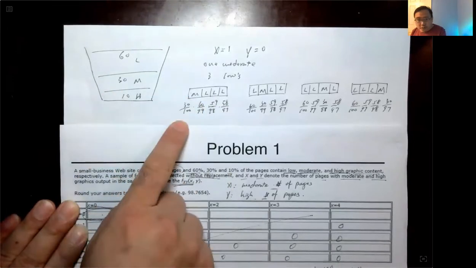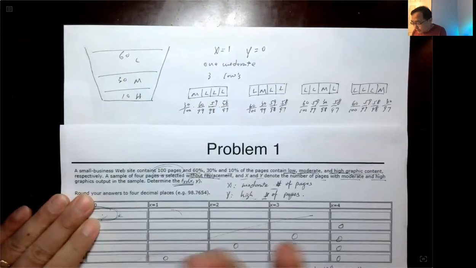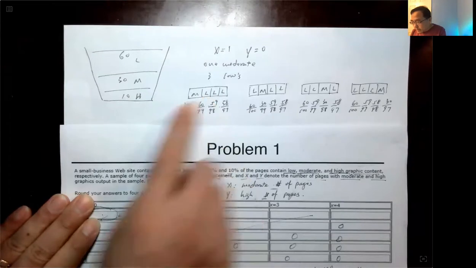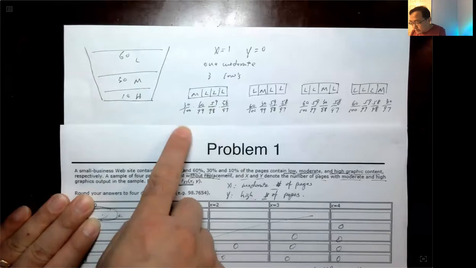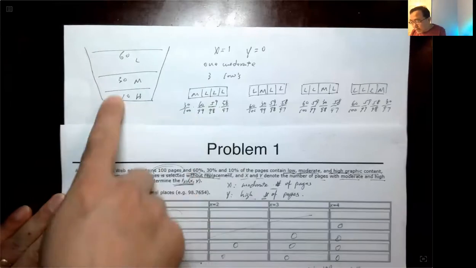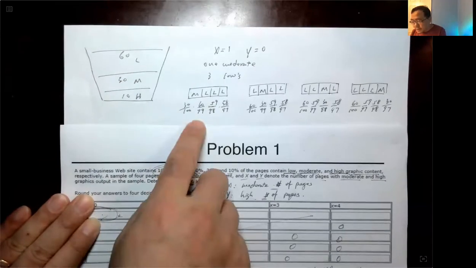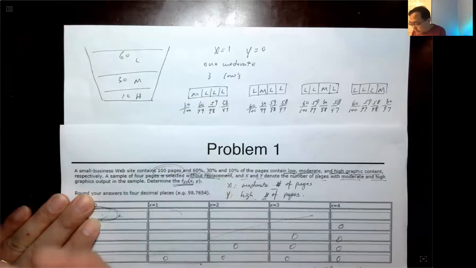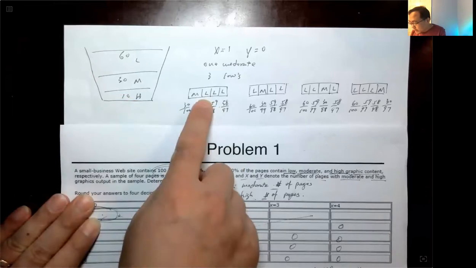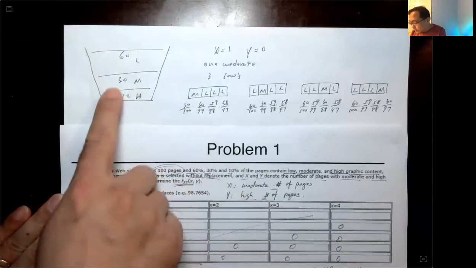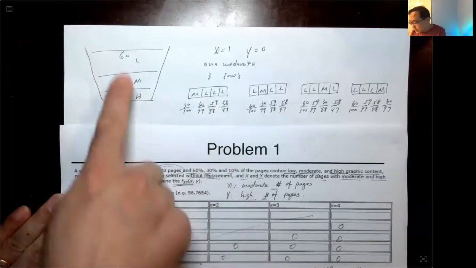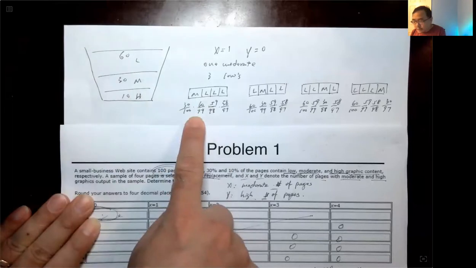That's 30 out of 100, right? Now, the second is L. How many balls remain in this urn? 99, right? Because one has been taken out, so 99 remain in the urn, and this selection is an L. So the chance must be 60 out of 99, right?